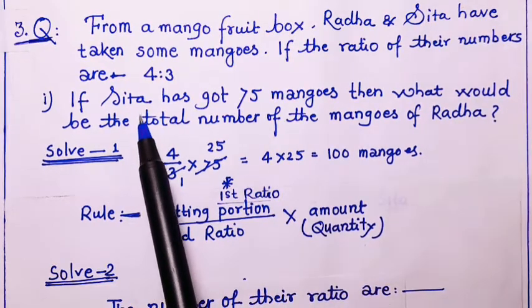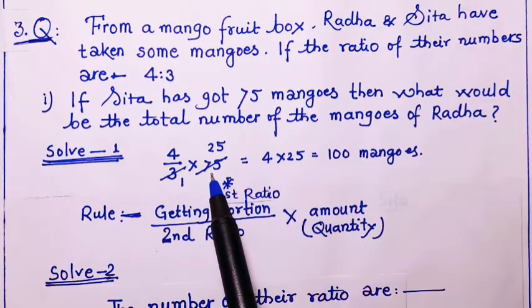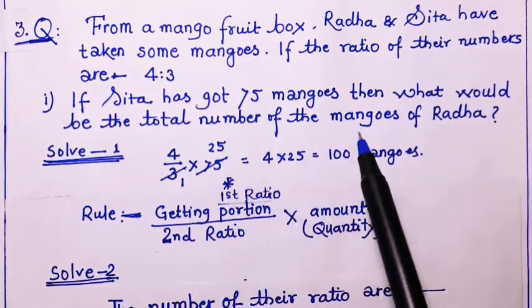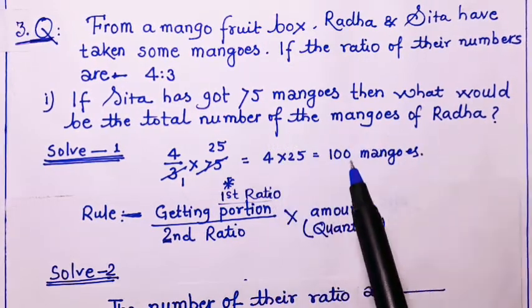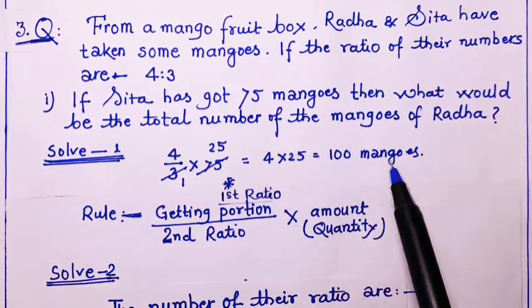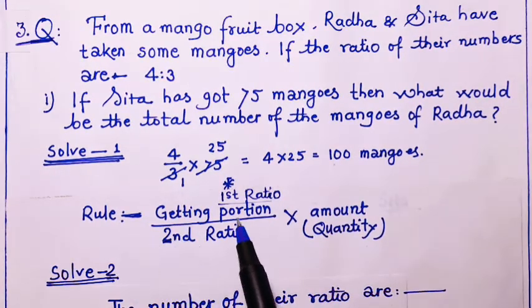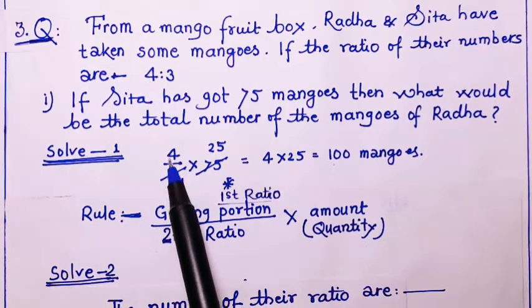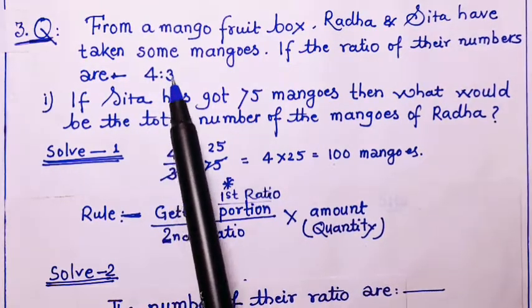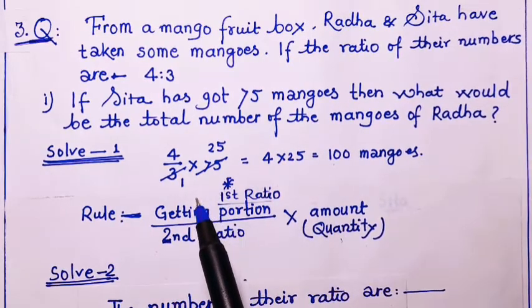The total number of mangoes of Radha would be 100 mangoes. The rule is given below: getting portion 4 by second ratio 3 into amount whole parts 75.